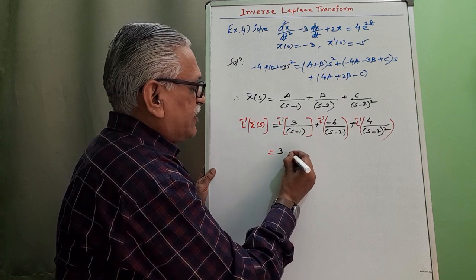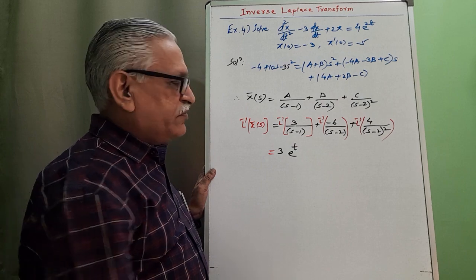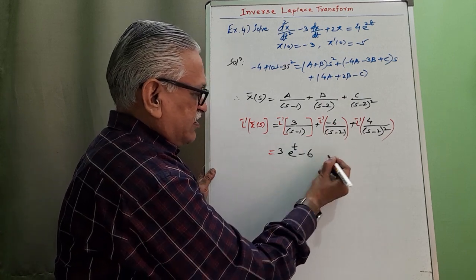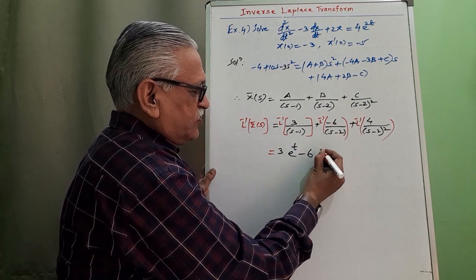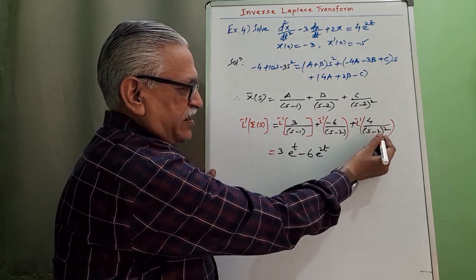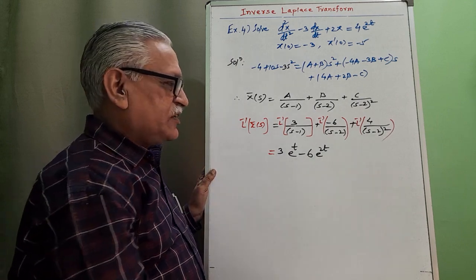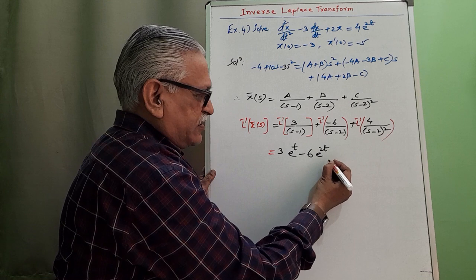Inverse of 1 upon s minus 1 is e raised to at, a is 1. Therefore it is e raised to t minus 6. Inverse of 1 upon s minus 2 is e raised to 2t. S replaced by s minus 2 in that s square term. Therefore it is a problem of shifting theorem.